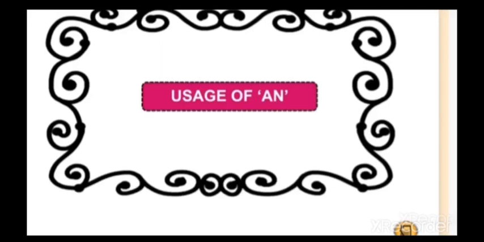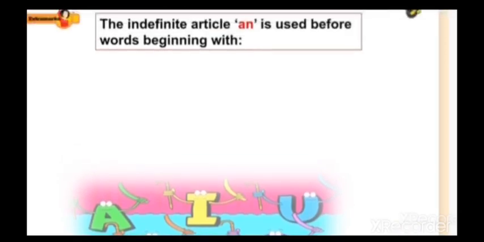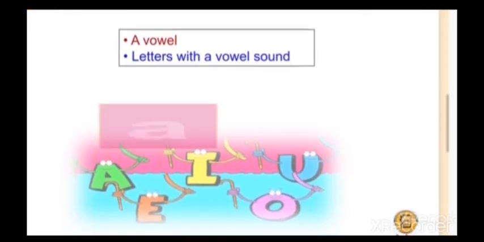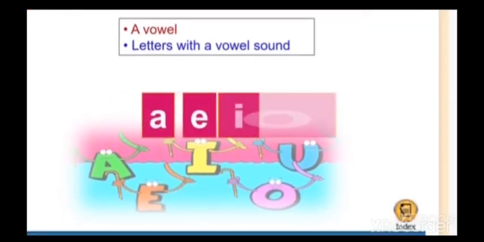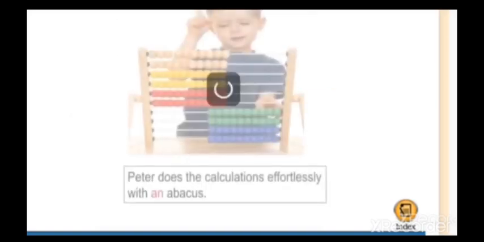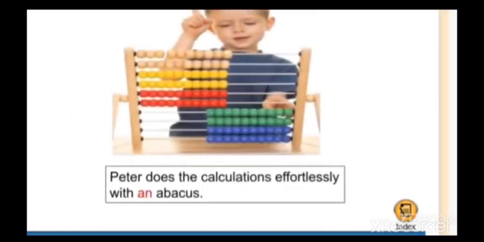In this section of the module, let us discuss the usage of an. The indefinite article an is used before words beginning with a vowel and words beginning with letters with a vowel sound. As you know, the vowels are a, e, i, o, and u. Let us have a look at some examples.